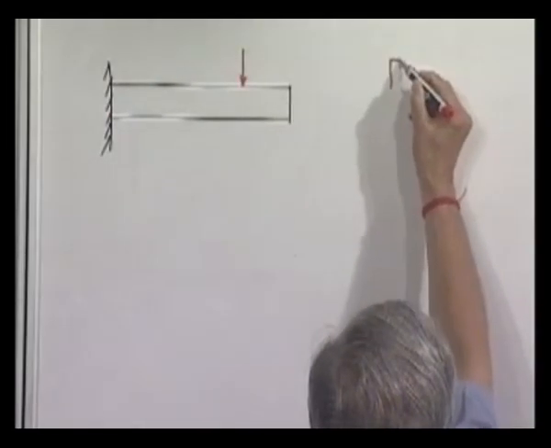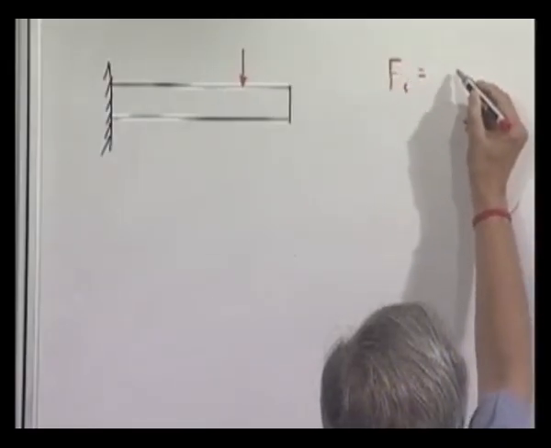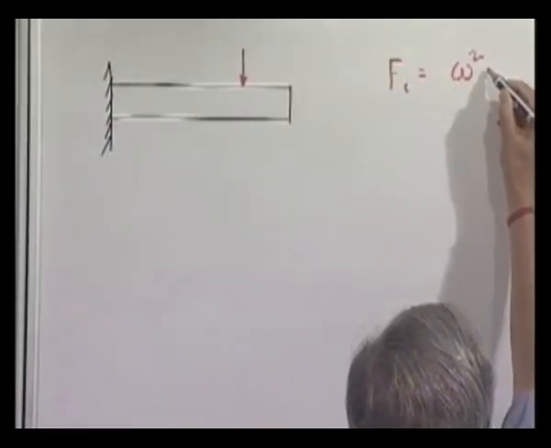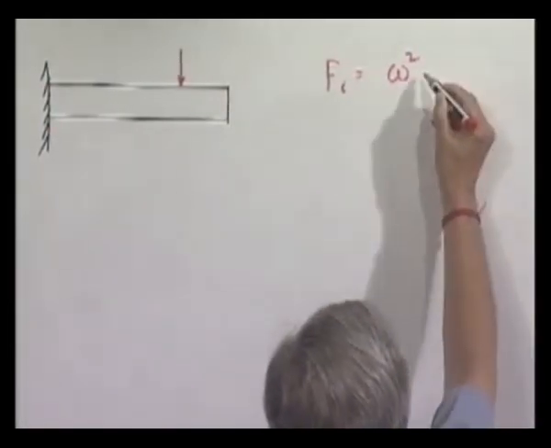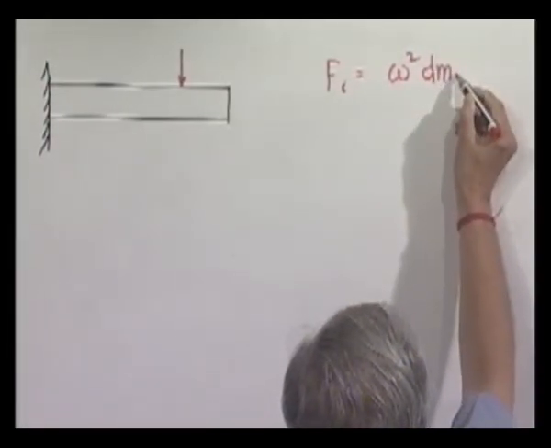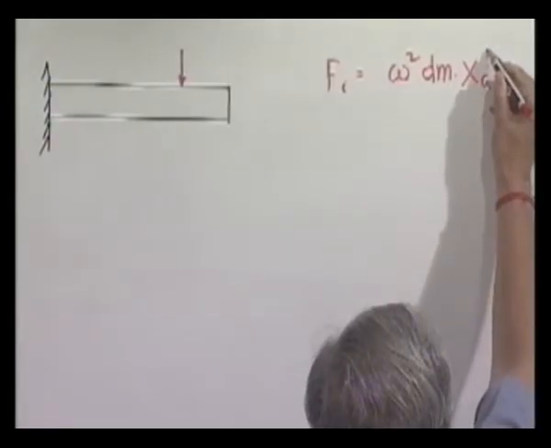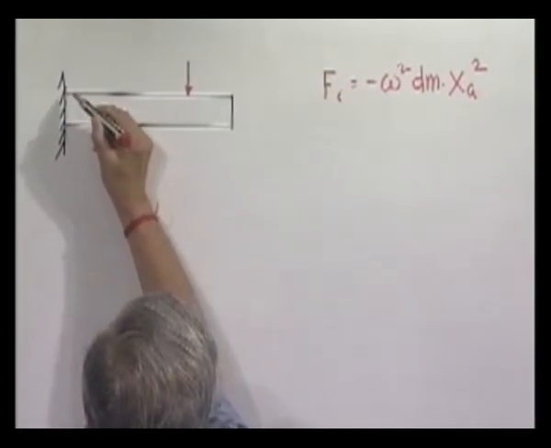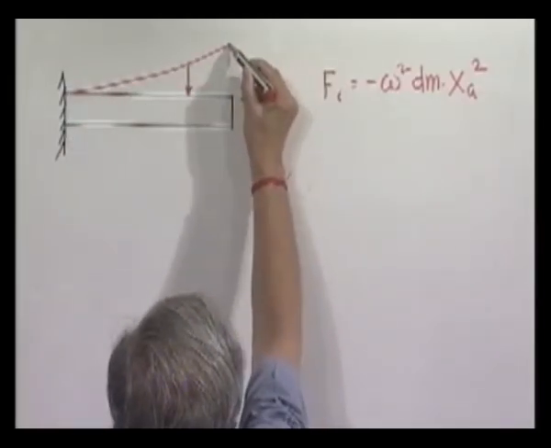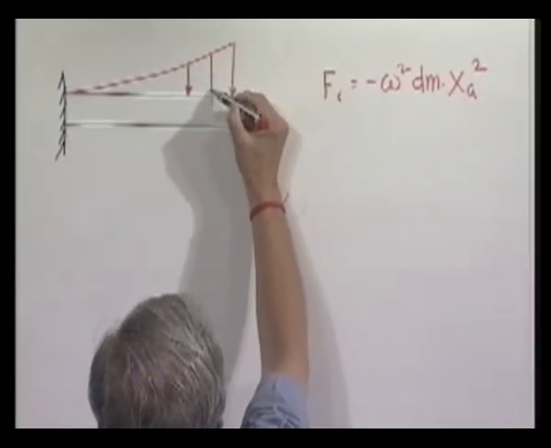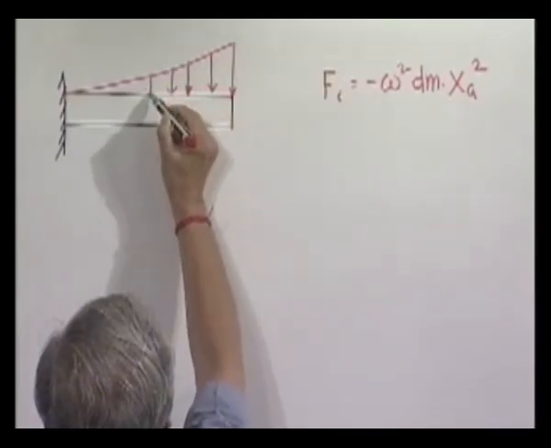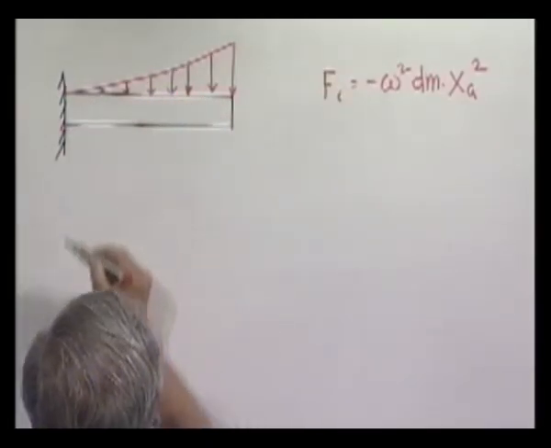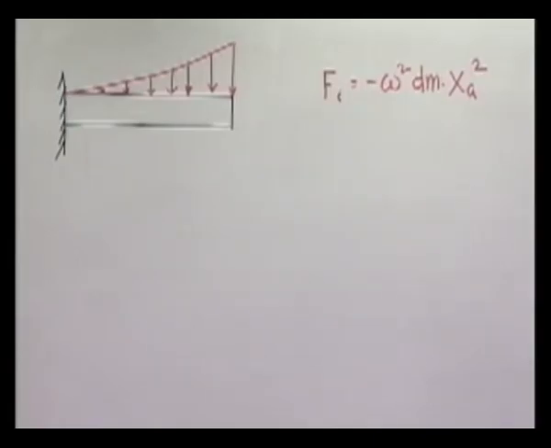And this inertial loading can be written as omega square, and the element here will be the d mass dm, into XA. It will be a distributed one. This is the inertial loading.